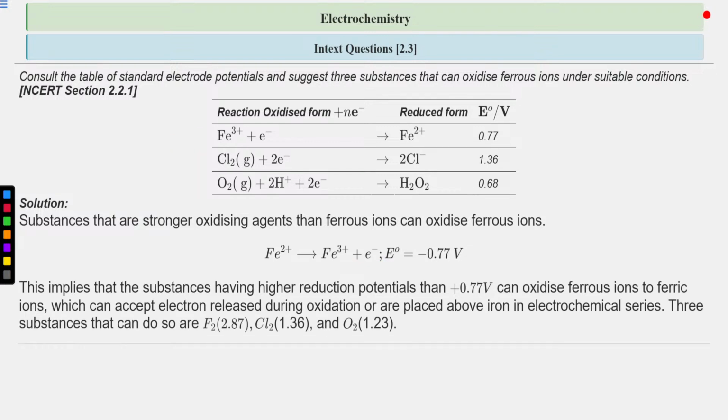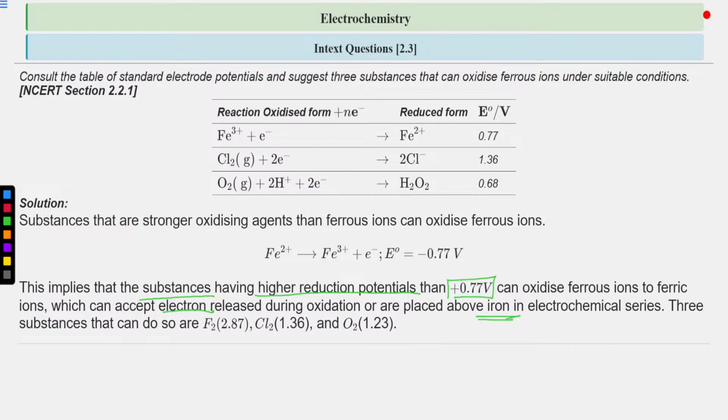This implies that a substance having higher reduction potential than positive 0.77 volt can oxidize the ferrous ions to the ferric ions, and can accept the electron which is released during the oxidation, or is placed above the iron in the electrochemical series.